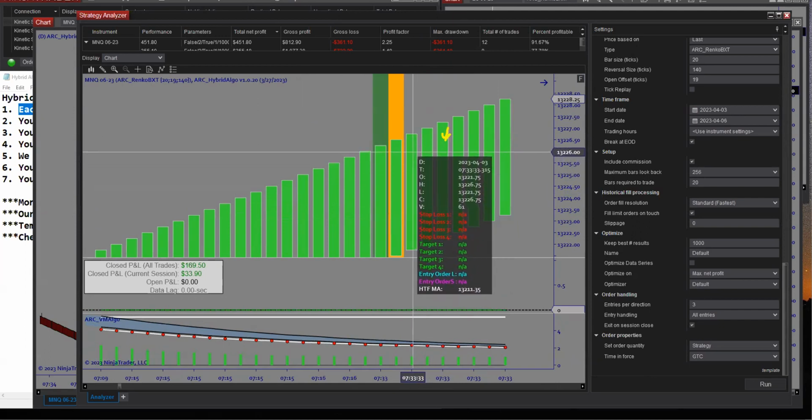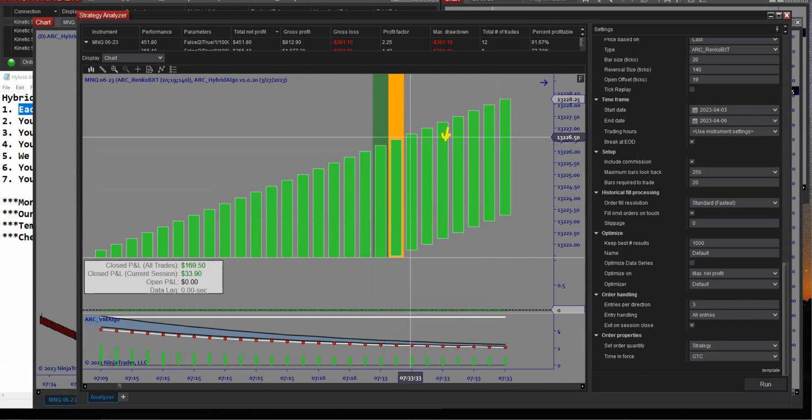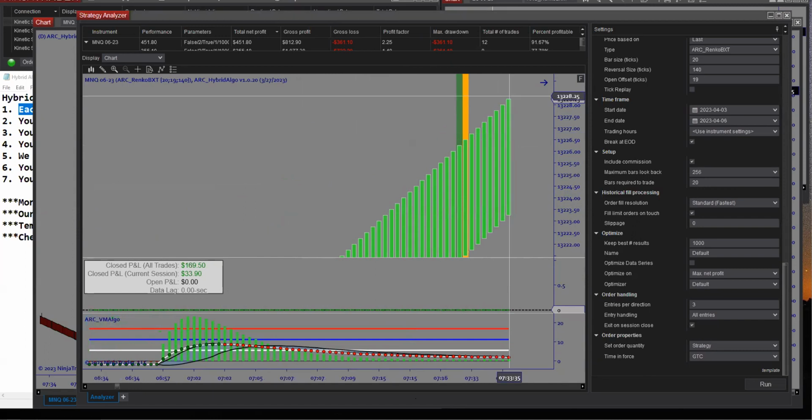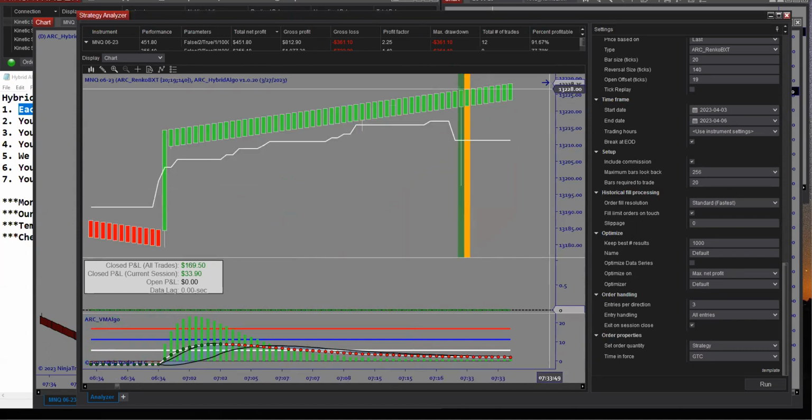But if you look at the next bar, it's not. These 2 bars had the same timestamp, but the next one didn't. As a result, it's too restrictive. So we're fixing that, so that these trades would have fired off.